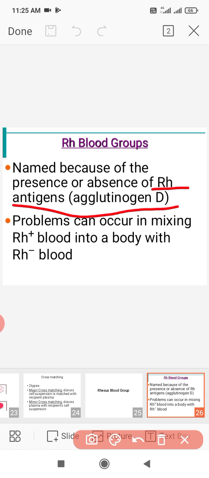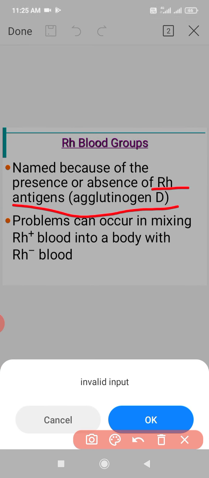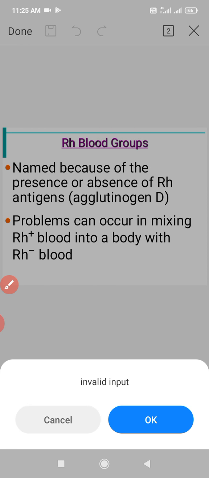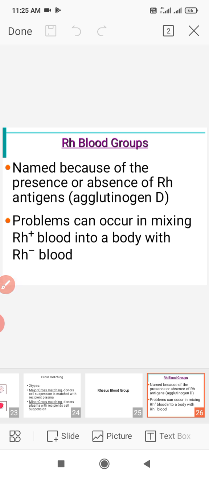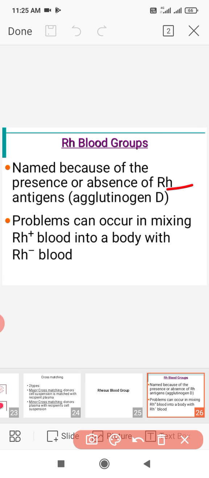So in the ABO blood group there are A and B antigens and antibodies, right? Anti-A and anti-B are antibodies. Antigen A and antigen B are antigens. Here, only antigens are present in the body and the antibodies are absent. Naturally occurring antibodies are absent, so only RH antigens are present, also called agglutinogen D. Clear?